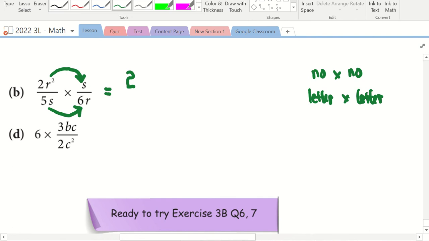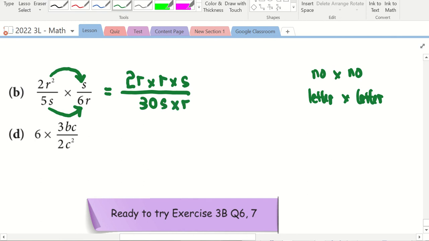R times R, right? So I write down R times S over denominator. What's at the denominator? Number times number. 5 times 6 will give us 30. What is S times R? I don't know. Just write down S times R.